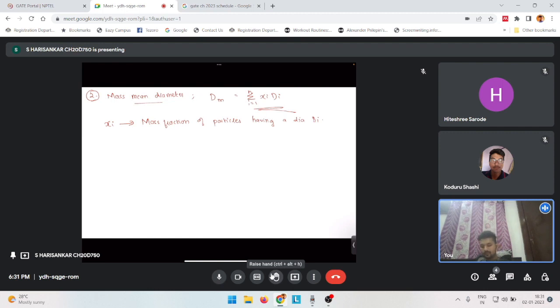Then you can have something like a volume mean diameter. So volume mean diameter is basically the mean diameter of a sphere having the same volume as that of the particle.